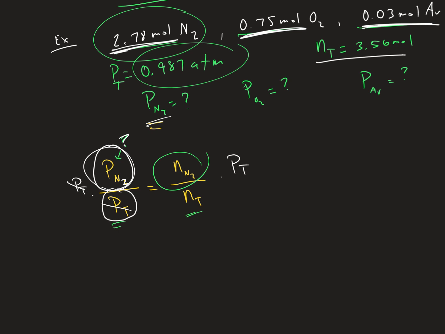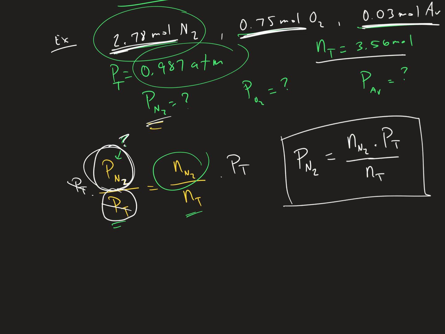But we just need to get rid of this. And it says divided by PT. So I'm going to multiply both sides by PT. And then I got it. So I got the partial pressure of nitrogen is equal to the number of moles of nitrogen times the total pressure divided by the total number of moles. So that's my equation for this particular problem. And we're going to use this how many times? 3 times.